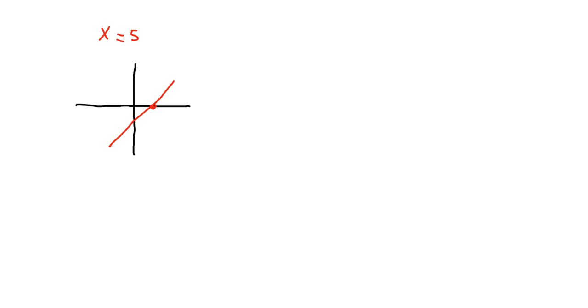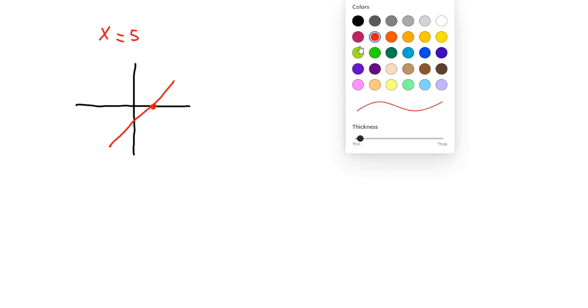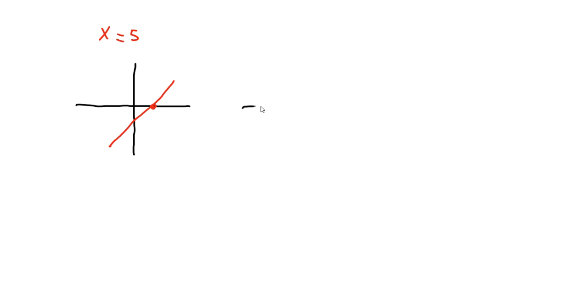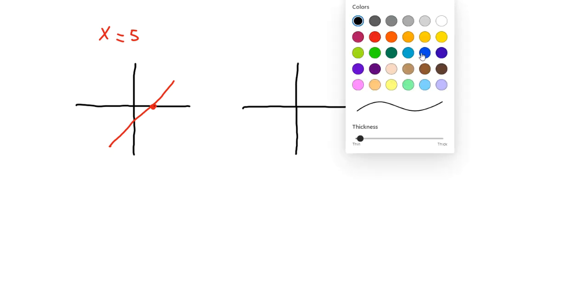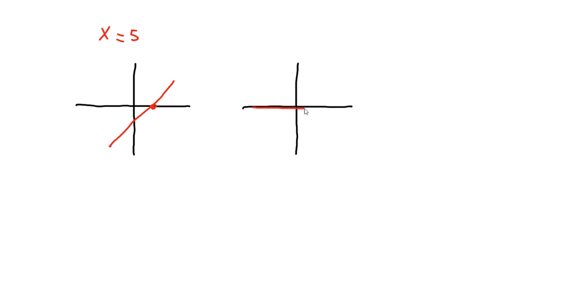Well, if we instead had a line that, instead of being diagonal and crossing the x-axis, if it were a horizontal line, again, excuse my drawing, a horizontal line, and it touched our x-axis at every point, then that would mean that our solution is all real numbers.